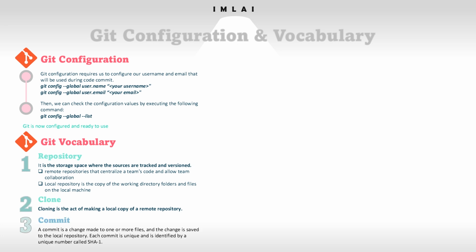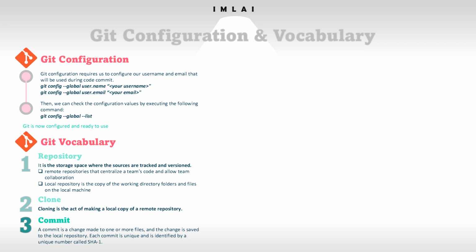Then we have the third term, that is commit. What is a commit? A commit is a change made to one or more files, and the change is saved to the local repository.